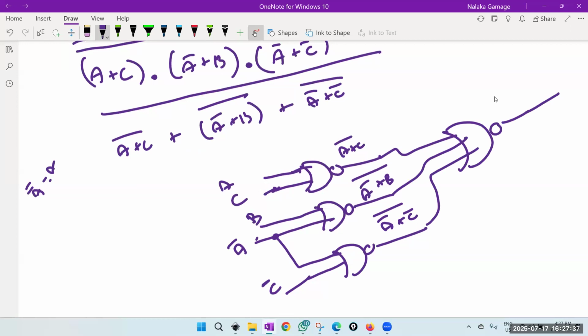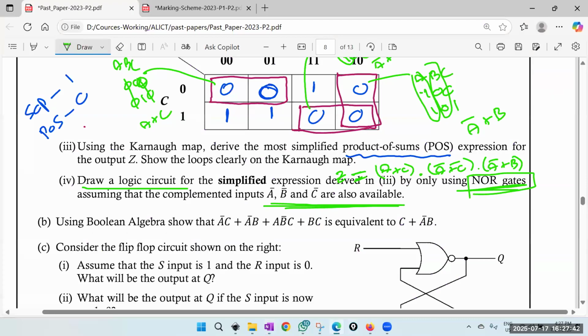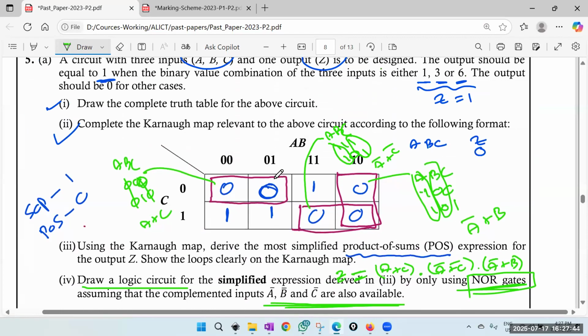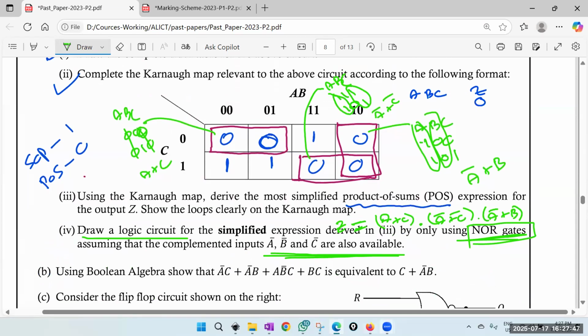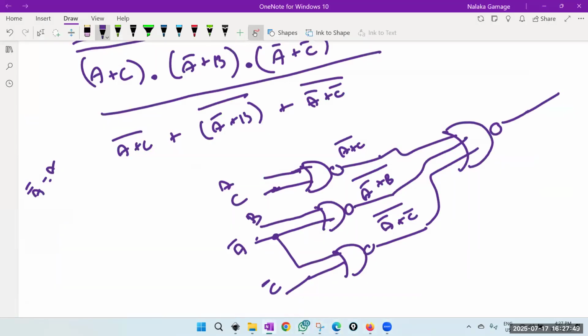What is the letter they give? Yes, we'll call it Z rather than writing the big expression. So this is my diagram. But if A bar and C bar are not available, I can still do it, because A plus A bar is A bar.